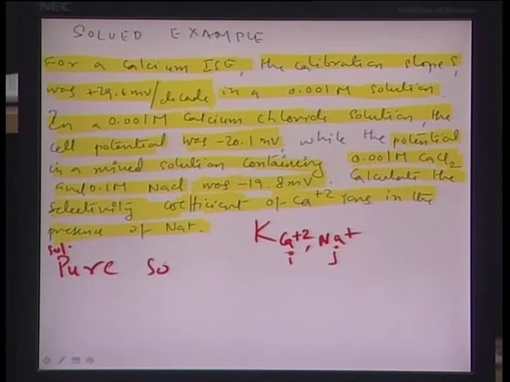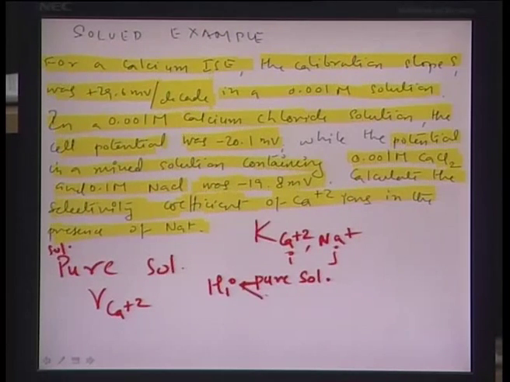In the pure solution, we have to calculate what gamma Ca plus 2 would be. For doing that, we need the mean ionic strength of the pure solution and also the mixed solution.